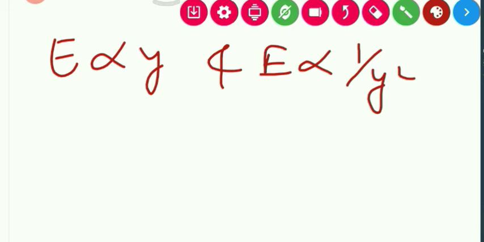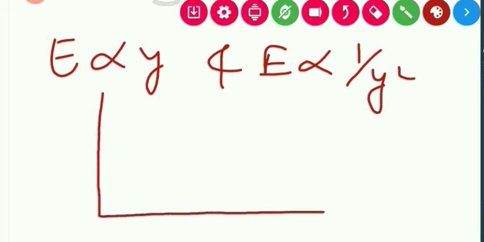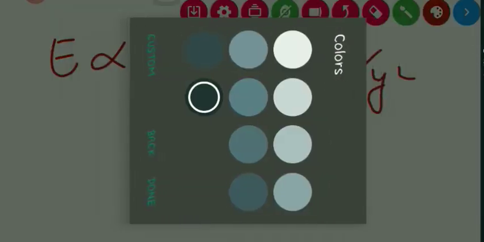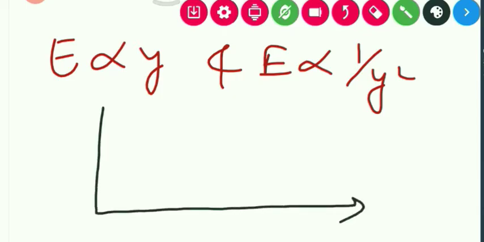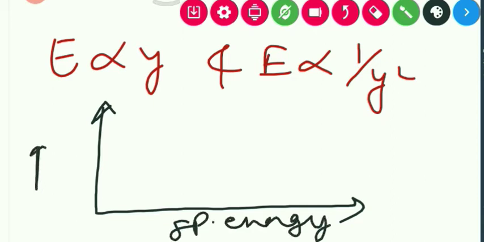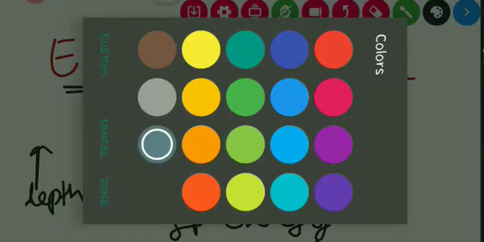So if a graph is plotted, here we mention the specific energy, and here y, which is the depth of flow. For E equal to y this will be a straight line.